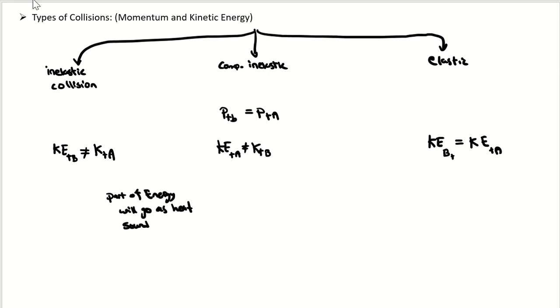Later on you will notice that waves are the transfer of energy, and it might also go into the deformation of the object. While on the other hand, the elastic collision, of course, is an ideal situation, but we consider as if the kinetic energy is conserved, which means that no energy will go as heat, no energy will go as sound, and no energy will go as deformation.